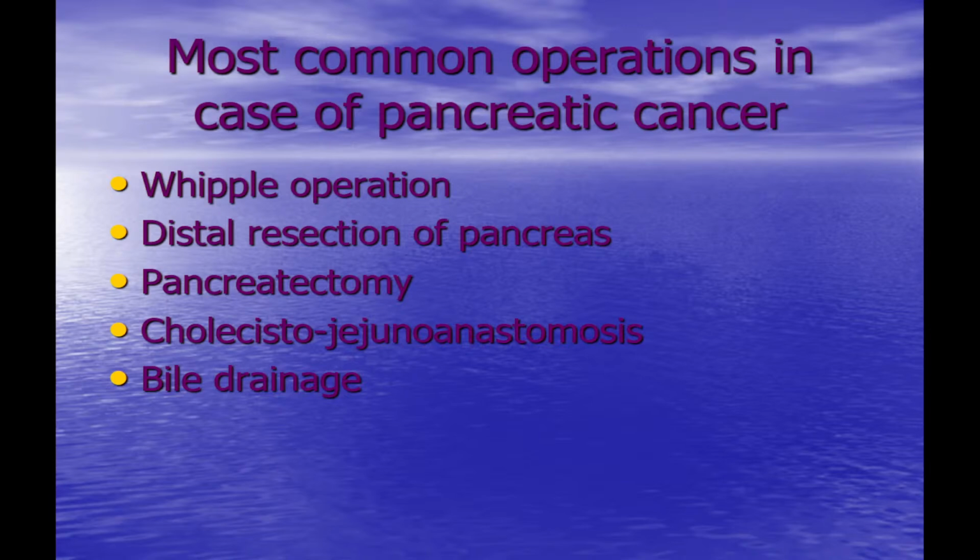First, we must eliminate the mechanical jaundice, and after we can do the big operation, the Whipple operation, which includes part of the stomach, duodenum, head of the pancreas, and part of the common bile duct.